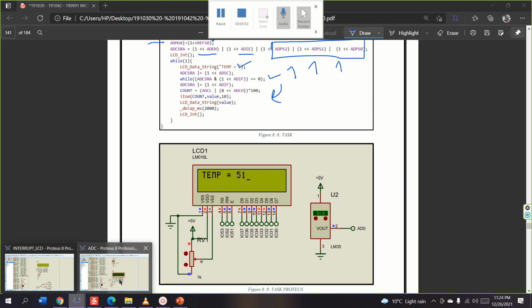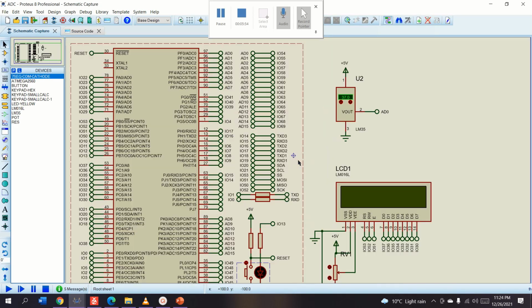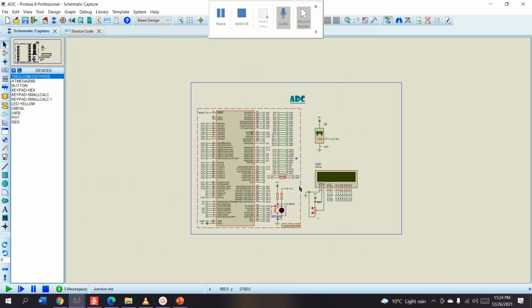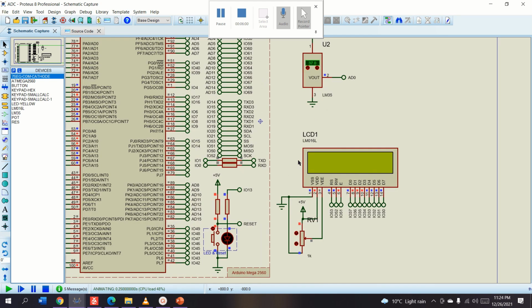If I show it to you, this is the software simulation. It is not that accurate, but let me show you. Let me reset it.